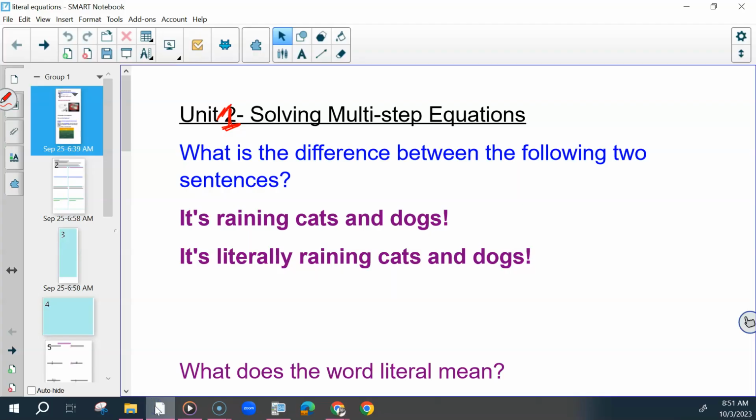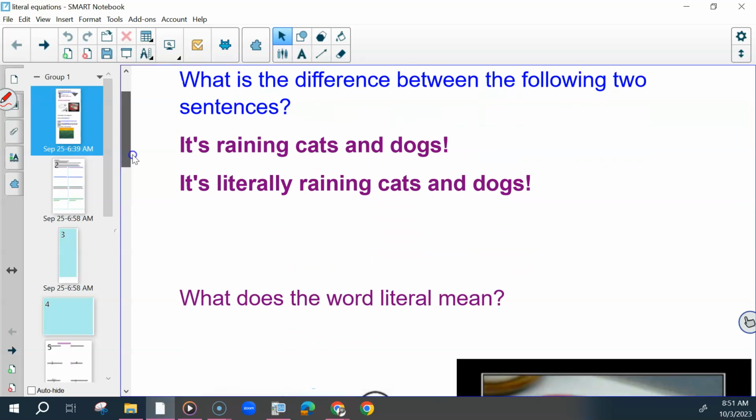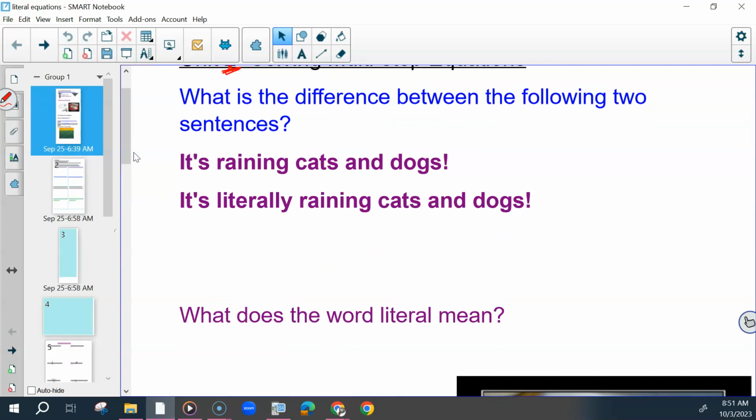About our last lesson before your quiz on Thursday, your test on Monday, which is literal equations. So first, I want you to look at these two sentences and tell me what's the difference between it's raining cats and dogs and it's literally raining cats and dogs.